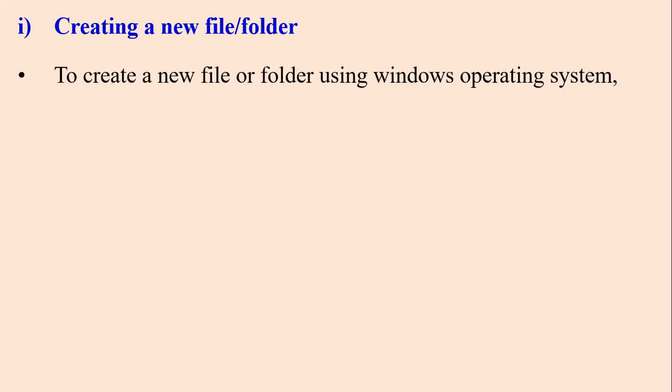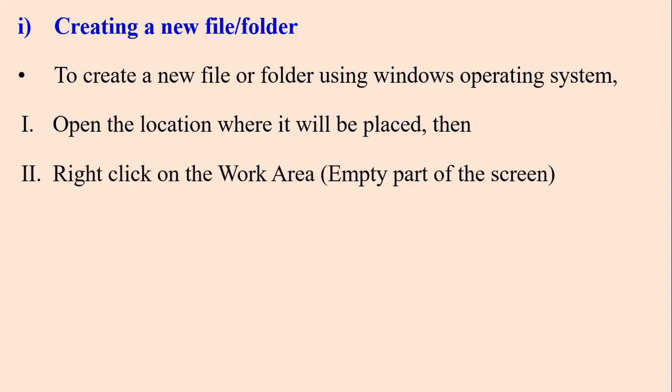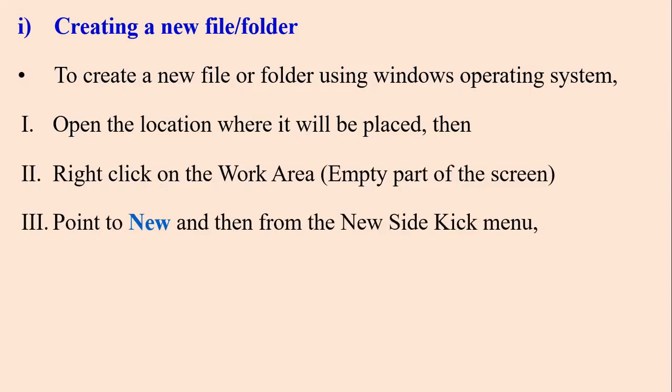So how do you create a new file or folder in your storage medium? To create a new file or folder using the Windows operating system, for example in Windows 10, you just need to open the location or storage media where you want your file or folder to be stored by right-clicking on it and clicking open. And then you right-click on the work area or an empty space in your storage location.